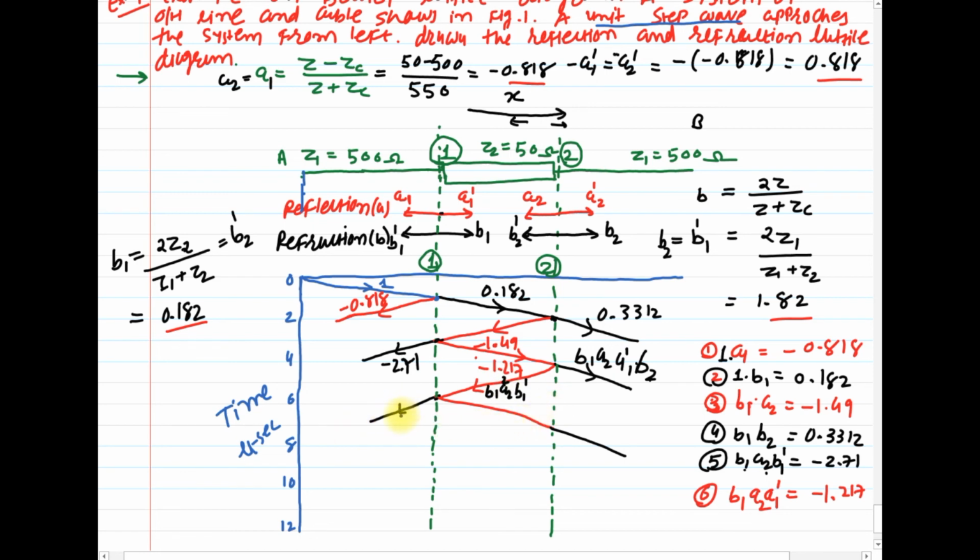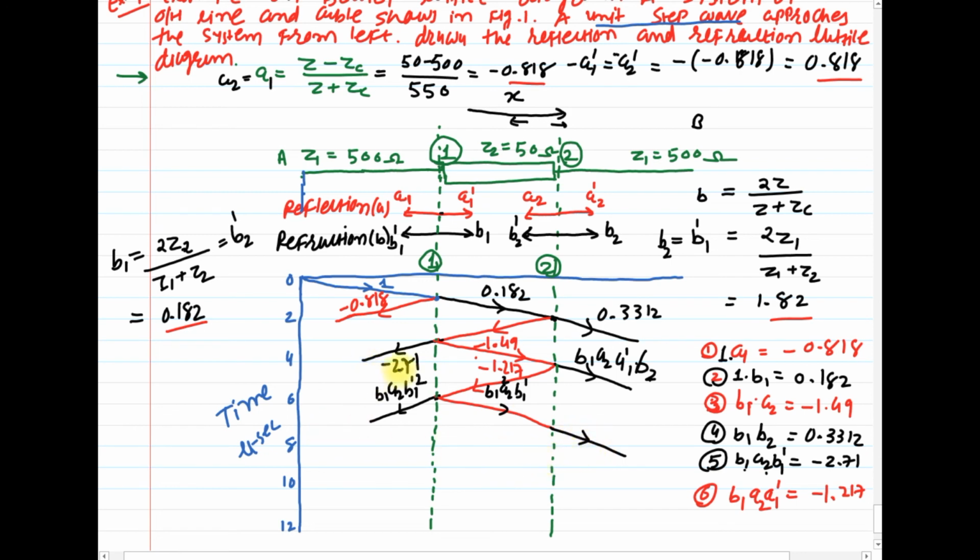Same way at this point we will write the B1 A2 B1 dash into the refraction coefficient, which is at the left hand side from the junction 1, which is B1 dash. So I can write B1 dash square. Same way here and so on.